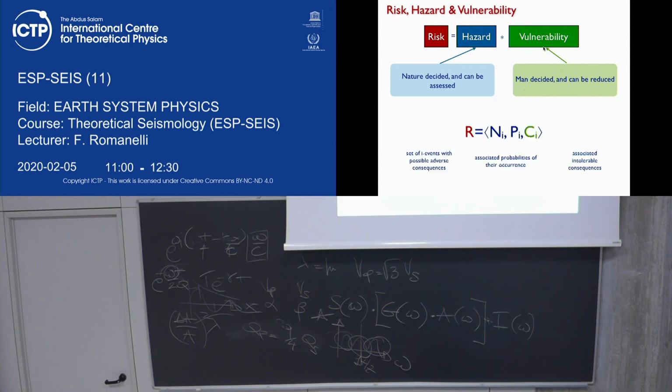Now, usually you express the risk on a probabilistic basis, trying to assess a set of events. They could be earthquakes, tornadoes, landslides, or tsunamis. Then you try to estimate the probabilities of their occurrence, and you can imagine how messy it is with earthquakes.